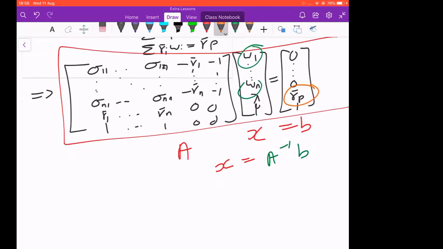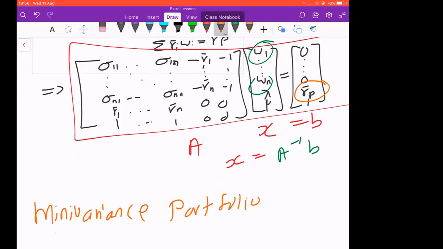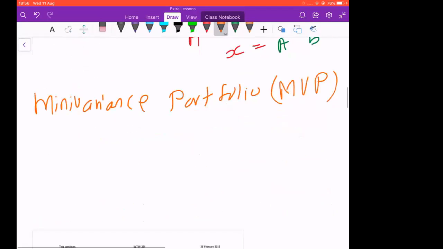If they don't specify the portfolio returns, and they ask you to find the minimum variance portfolio, MVP, they normally quote it as the MVP in your class or even in solution books.